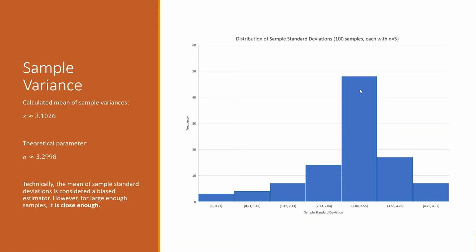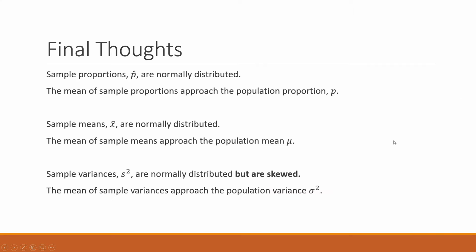Technically, your textbook insists it is biased, but it's close enough, whatever that means. But I like it. It's a good one to go with, right? Our sample was 3.1. The theoretical parameter was 3.3. Pretty good. So finally, I'll leave it here, and I'll see you in the next video.